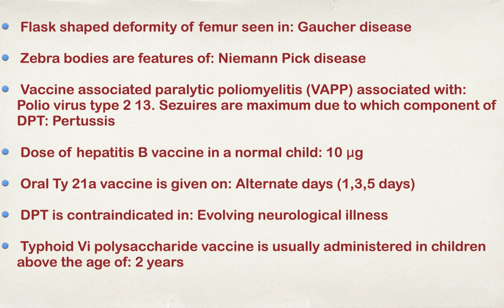Now, typhoid polysaccharide vaccine is usually administered in children above the age of 2 years. So, typhoid polysaccharide vaccine is administered at what age? It is administered at an age above 2 years.